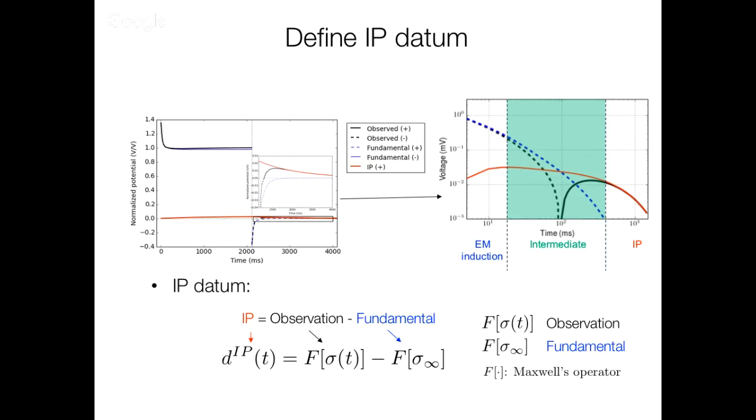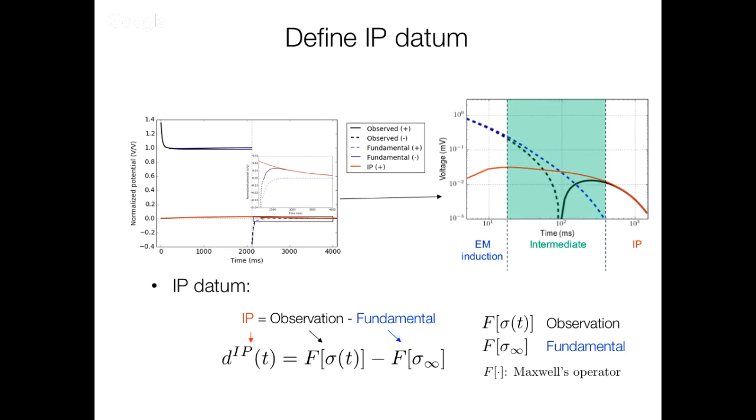Those are positive values. If I have a material that is chargeable, I get this black line here. This goes down, it goes up. This part here is the IP part. This part up here is really the EM induction part. The red line is the difference.